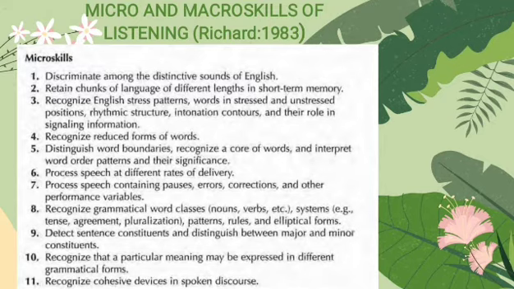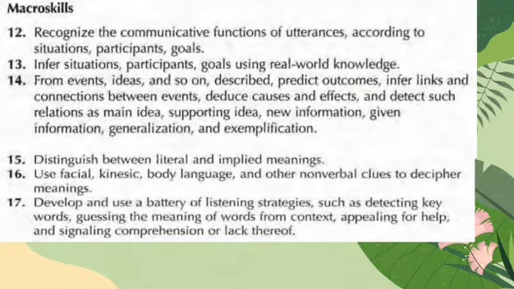And next, recognize that a particular meaning may be expressed in different grammatical forms. And last, recognize cohesive devices in spoken discourse. And the macro skills, there are 6. For the first, recognize the communicative functions of utterances according to situations, participants, and goals.